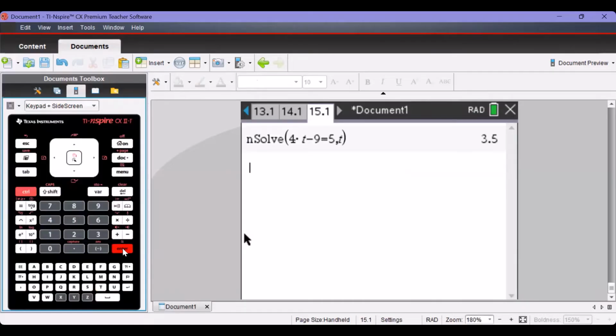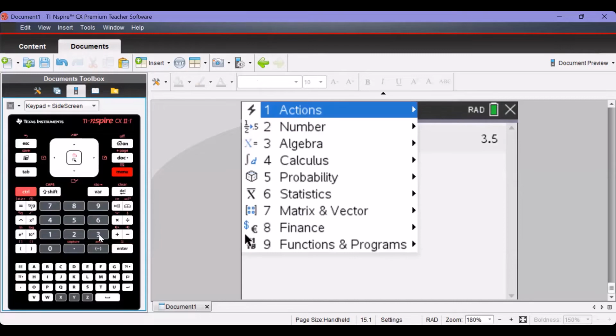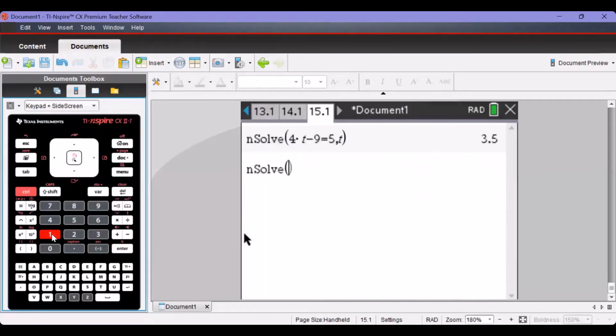Let's do the same now for the j component of vector RA and the y coordinate. So menu, 3 for algebra, 1 or enter for numerical solve. And so -2 multiplied by 5 minus t.